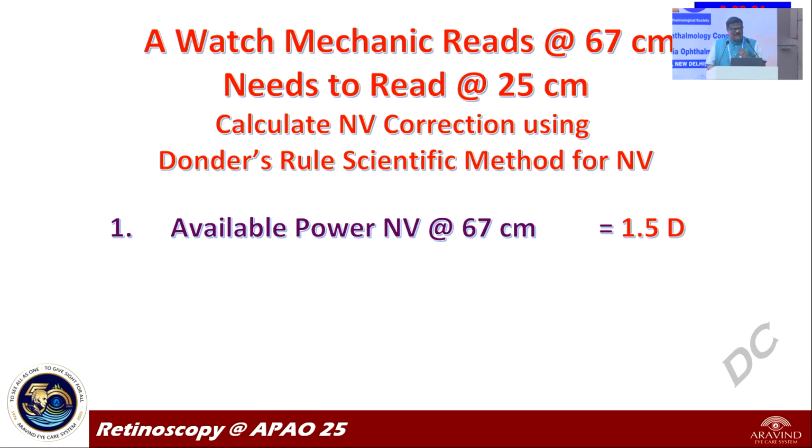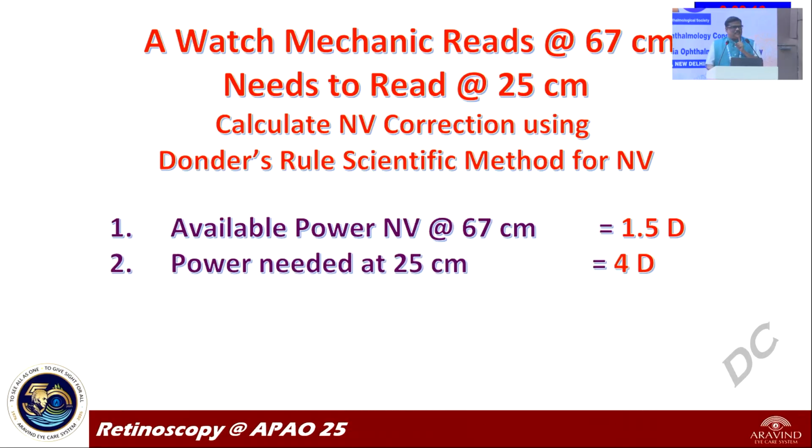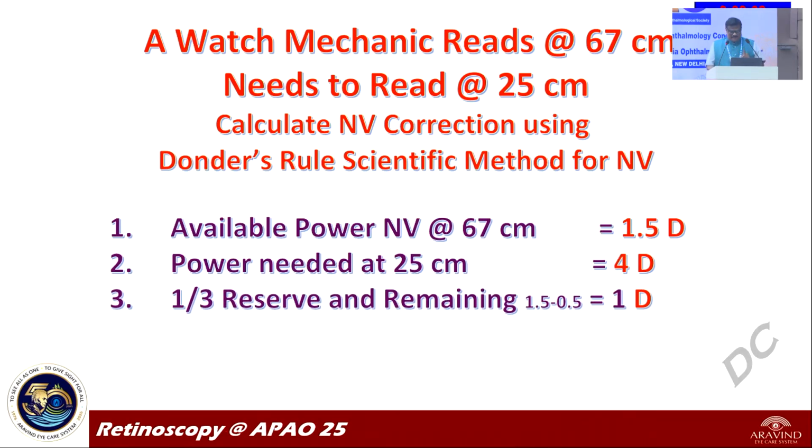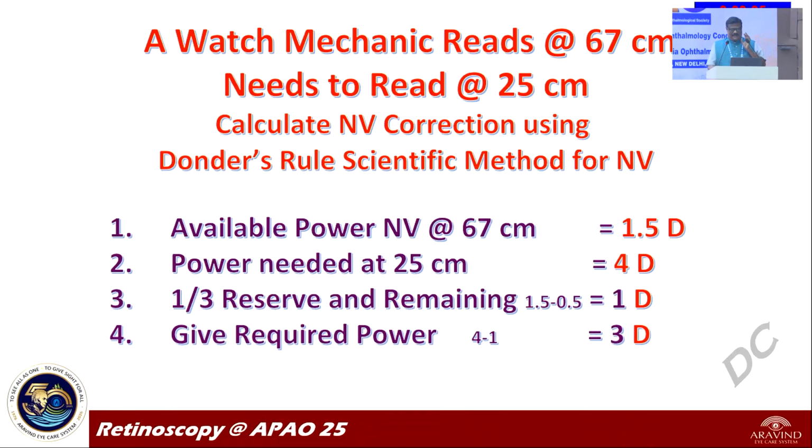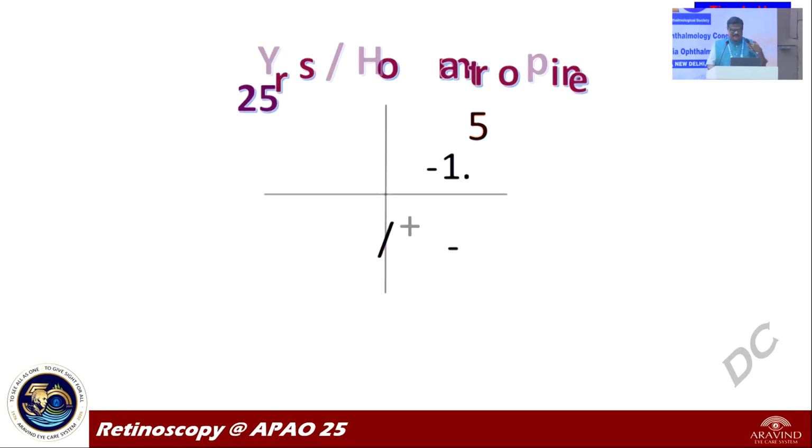To read at 25 centimeters, 100 by 25, I need 4. So the normal tendency is 4 minus 1.5, I'll give 2.5, isn't it? But of the available power, you keep 1/3 reserve. In 1.5, you keep 0.5 reserve, then I have only an effective 1. So I will give a plus 3 add power. You go and think. This is the scientific method for your goldsmith or your watchmaker.